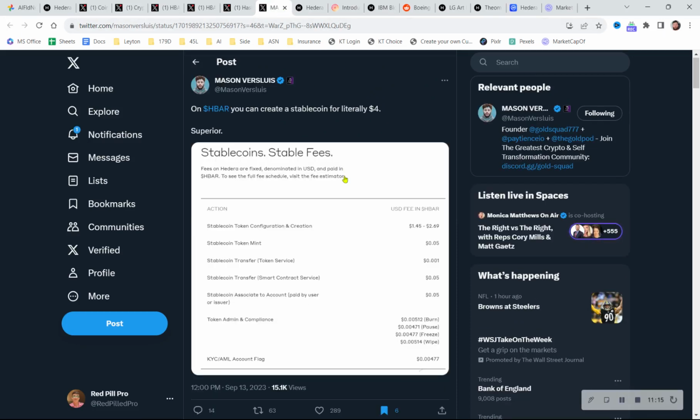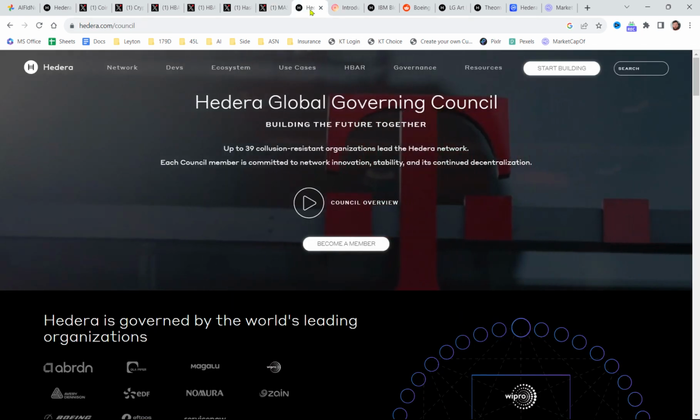But in a practical example, we have an option of creating a stablecoin for just $4. It makes it really easy, and it makes it cheap to create these new technology kinds of applications for large scale enterprise and institutional adoption.